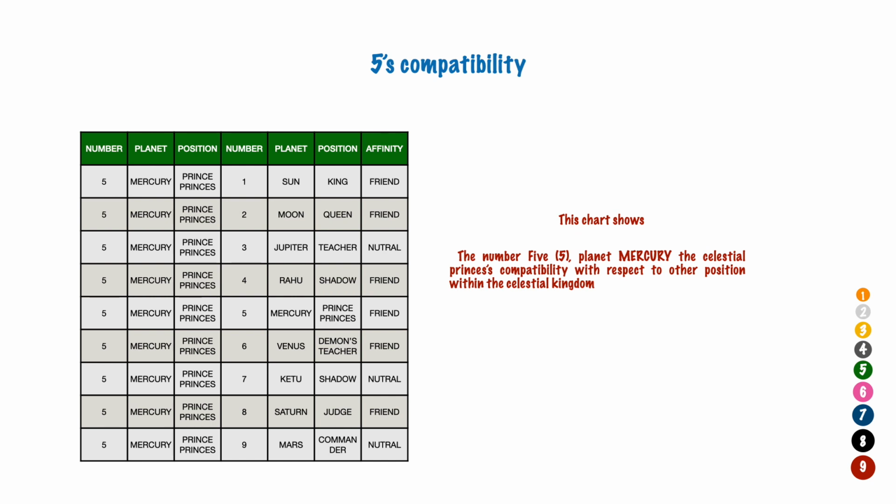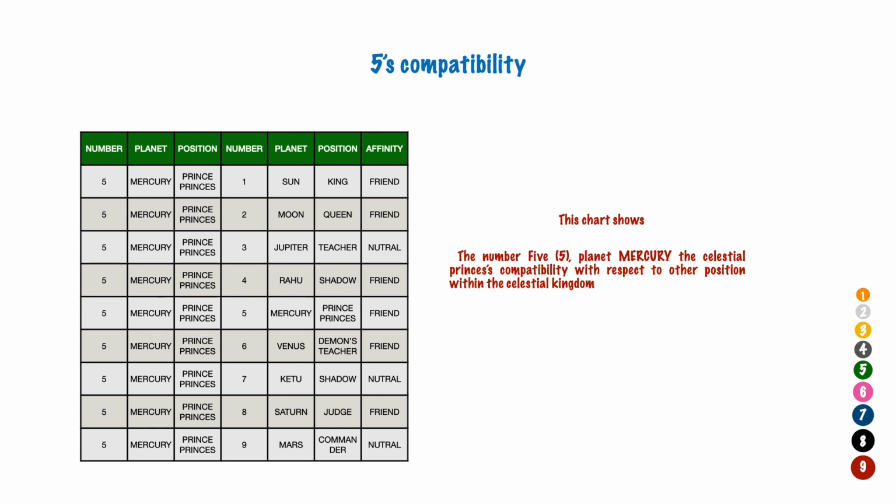Number 5, compatibility, detailed compatibility. Number 5, Mercury, prince or princess with number 1, sun, king, they are friend. Number 5, prince or princess with number 2, moon, queen, so-called, is also friend.